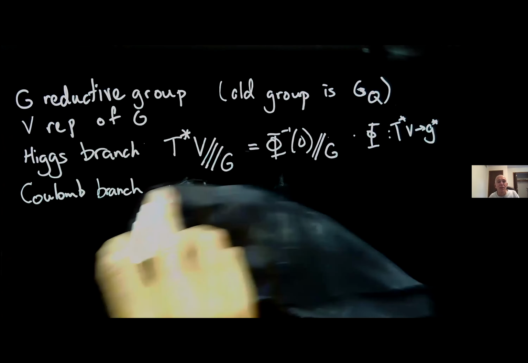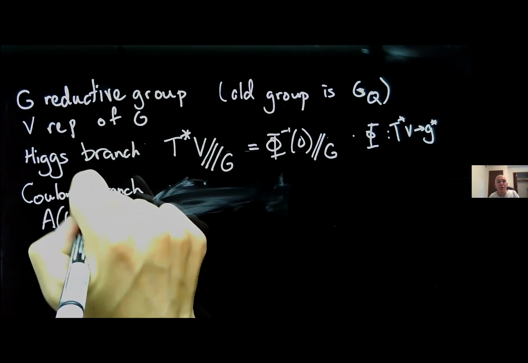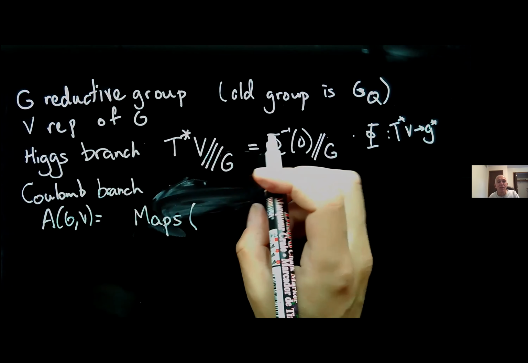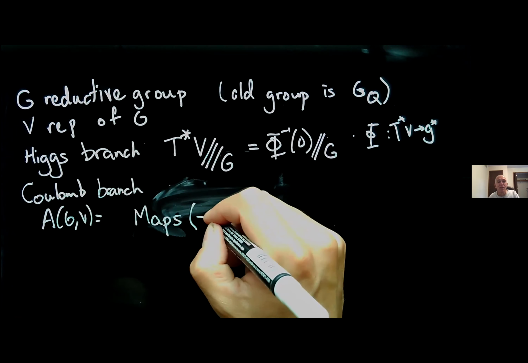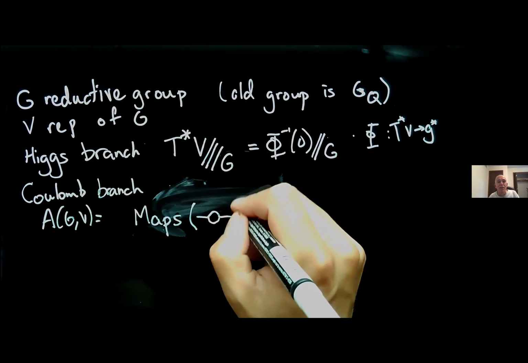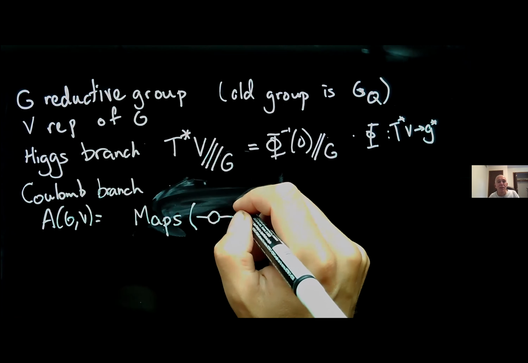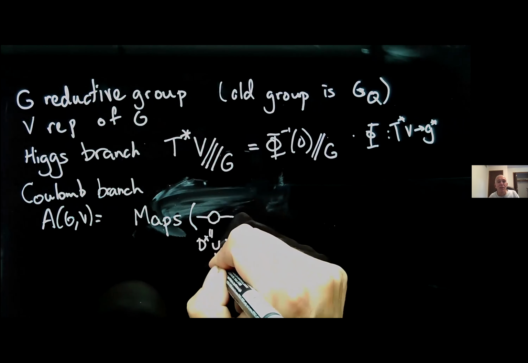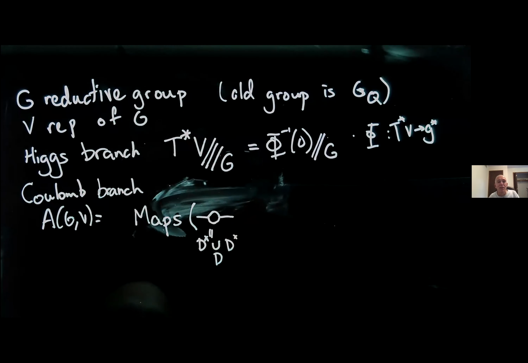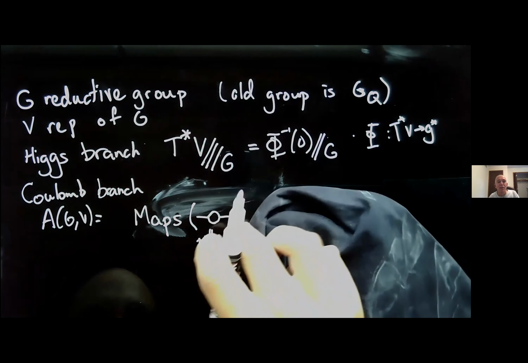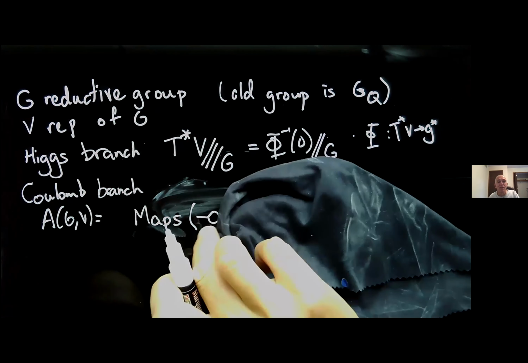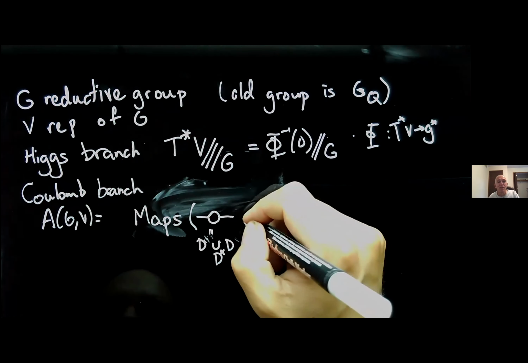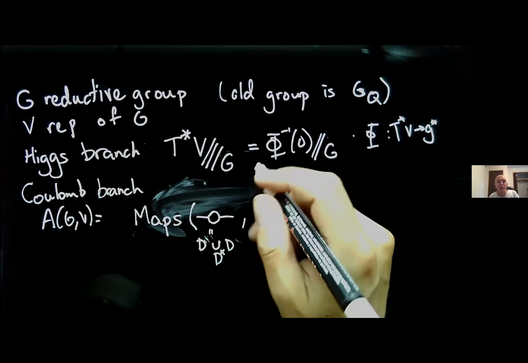I start by studying the space of maps from a non-reduced curve, which is obtained by gluing 2 copies of the disk over the punctured disk. This is D union D over D cross, sometimes called the ravioli curve. So I take maps from that ravioli curve into the stack quotient V over G.